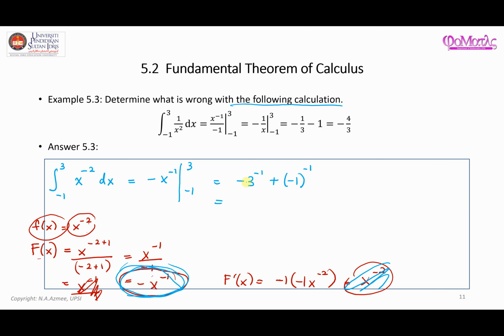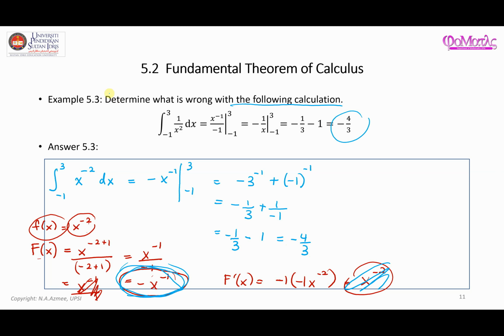So I will have negative 1 over 3 plus 1 over negative 1. Next that can be simplified as negative 1/3 minus 1, and this becomes negative 4/3. So we've got the same answer to this one, negative 4/3.